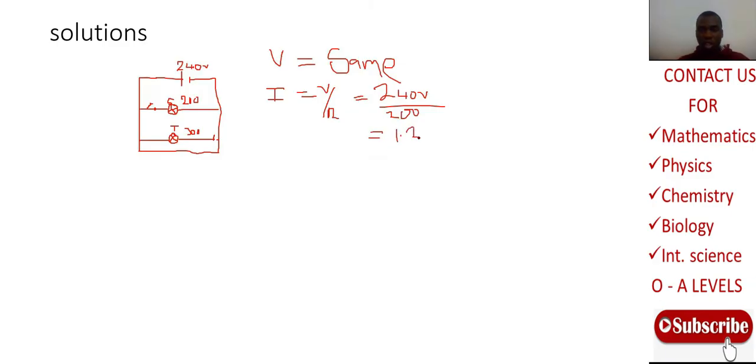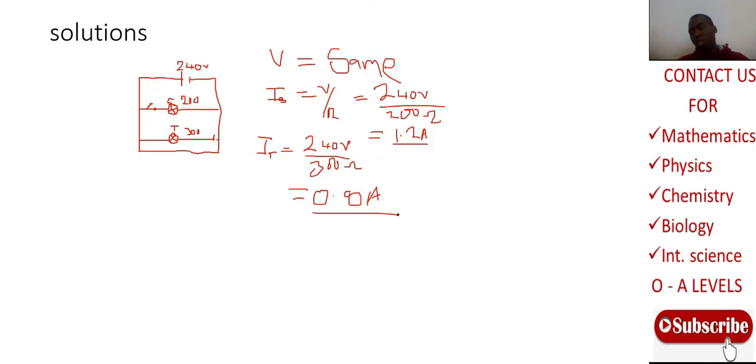So this is current in S. Then here we are finding the current in T, which will be equal to 240 volts divided by 300 ohms. 240 divided by 300 is giving us 0.80 amps. So you have found your answer there.